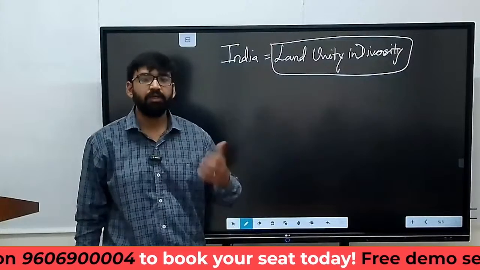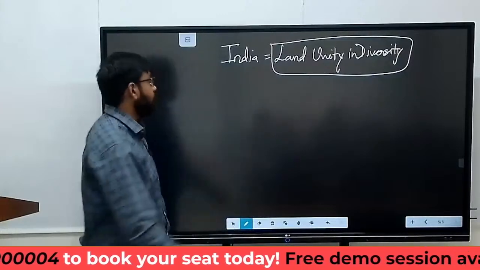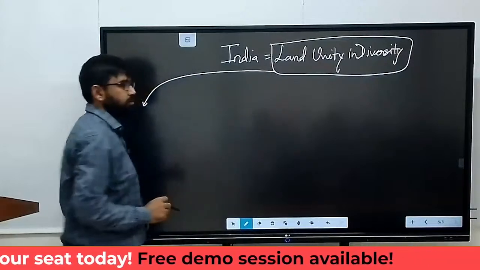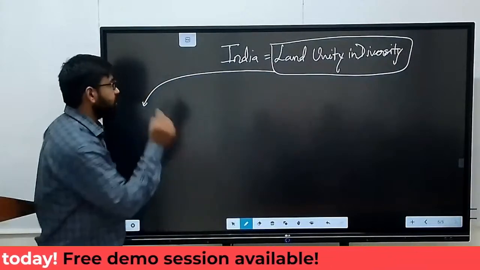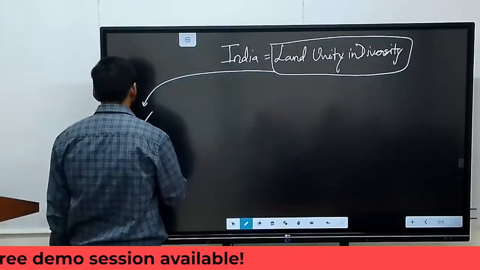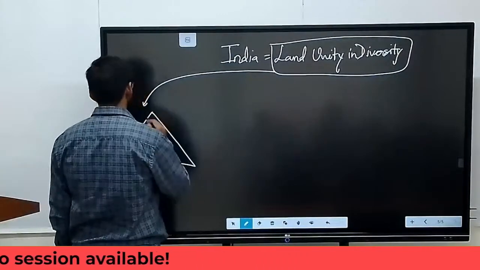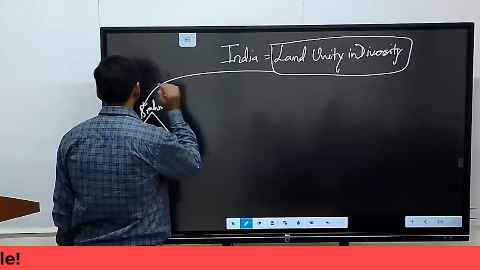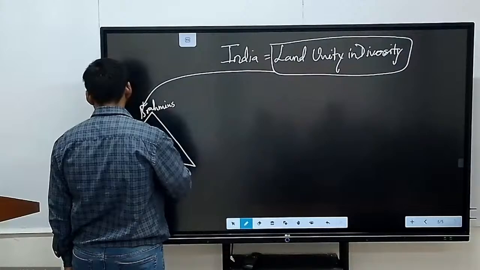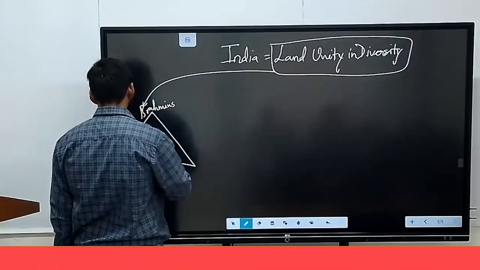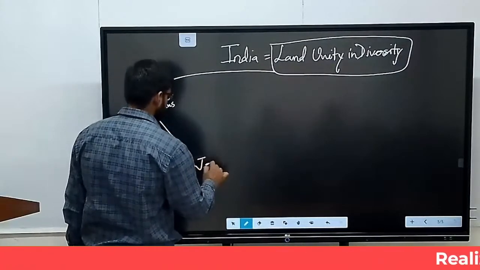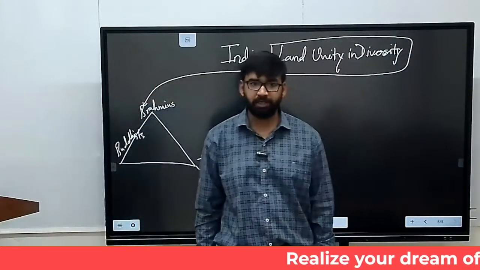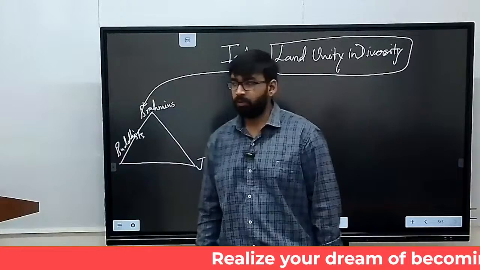India, unity in diversity. That means he must have understood history since ancient times, because in ancient times there were prominent religions like Brahmins, Buddhist, Jain. These three prominent religions were there in ancient times. Clear?